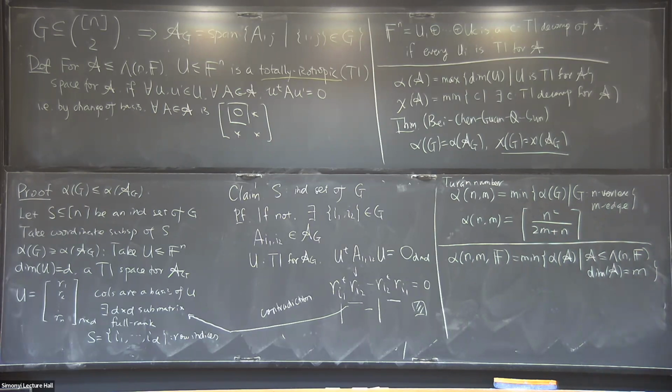This sounds natural, right? Now we are not just looking at alpha(G), but alpha(A), and the constraint is that the dimension of A should be m.